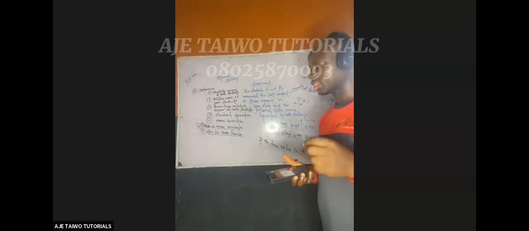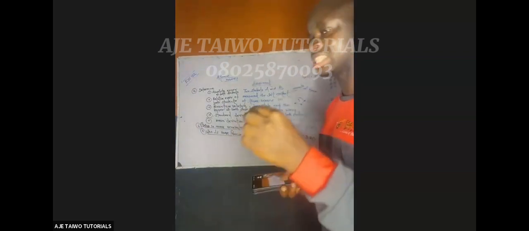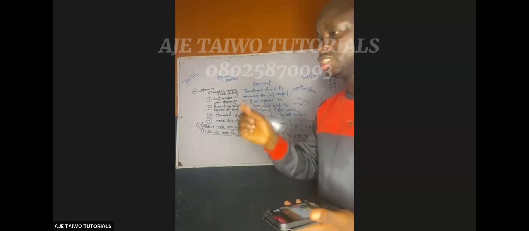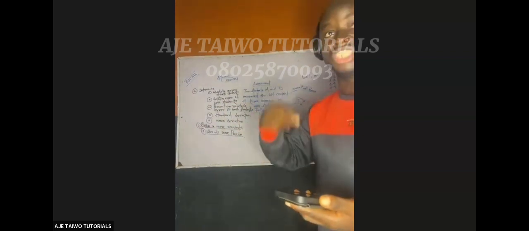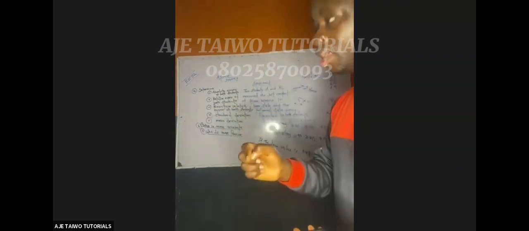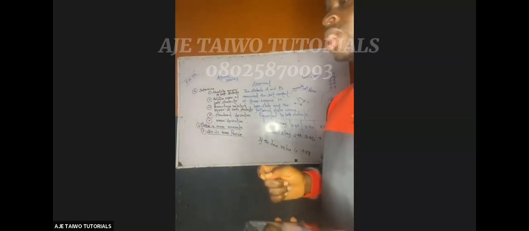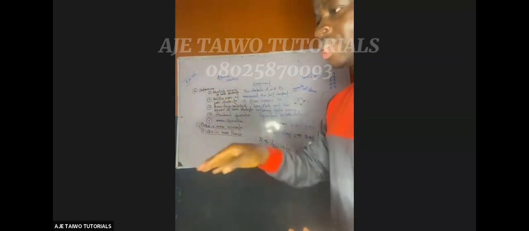If you're asked to use your experimental work in the laboratory to determine the value of G, and G is 10 meters per second square, but all of you got 20 meters per second square, everybody 20, 20, 20, all of you are precise, but you are not accurate.